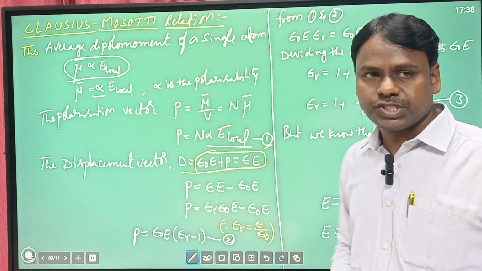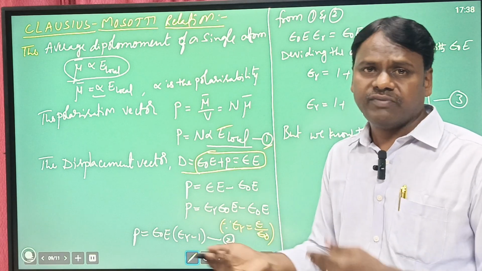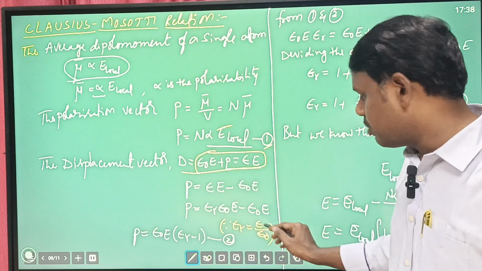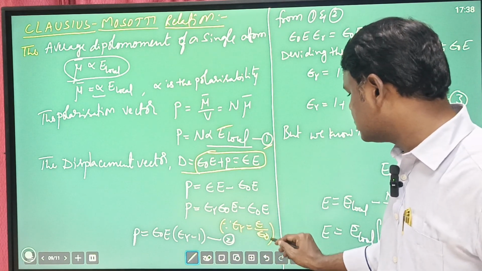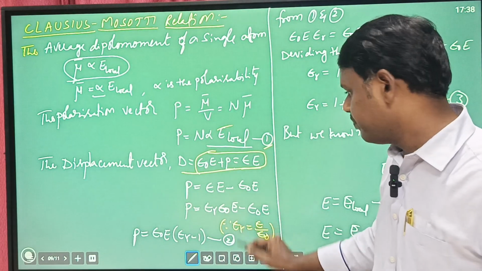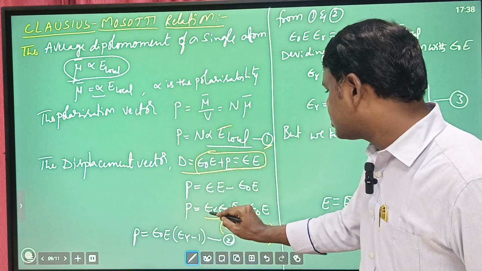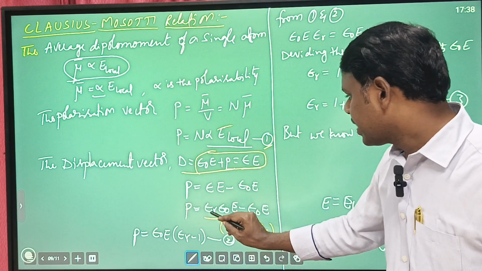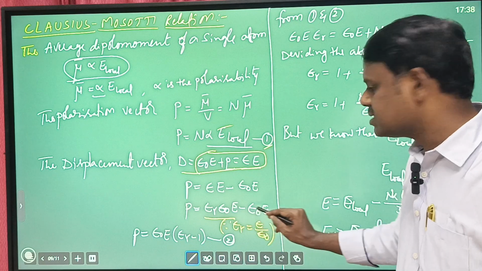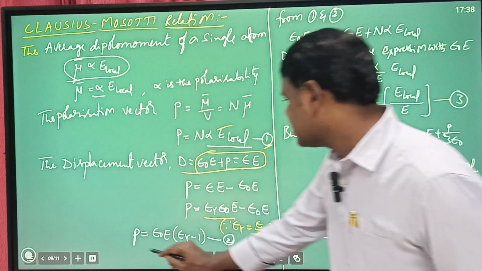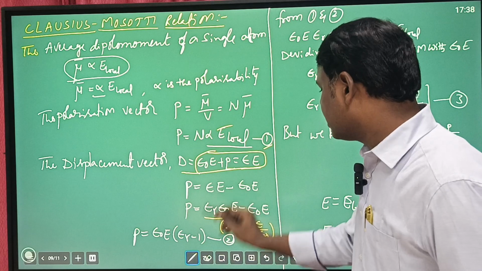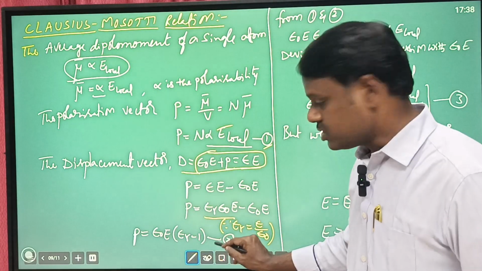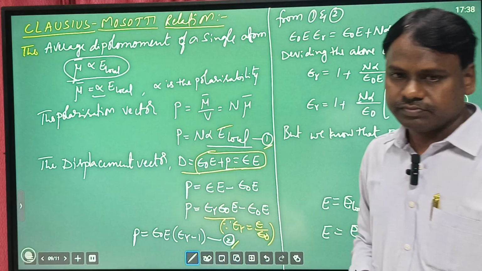Relative permittivity is the ratio between permittivity of medium and permittivity of free space, so epsilon R is equal to epsilon by epsilon naught, and from this epsilon is equal to epsilon naught into epsilon R. So we can write epsilon R into epsilon naught in place of epsilon. So P is equal to epsilon naught epsilon R E minus epsilon naught E. From this, taking epsilon naught E common, P is equal to epsilon naught E into epsilon R minus 1. Let it be equation number 2.